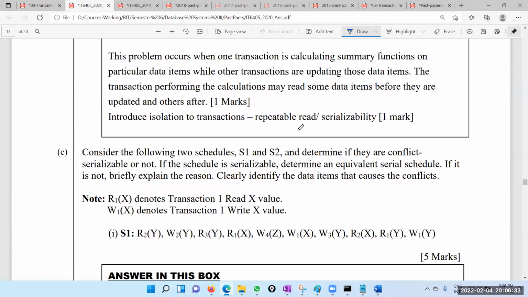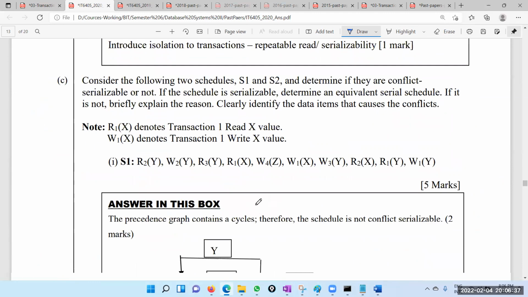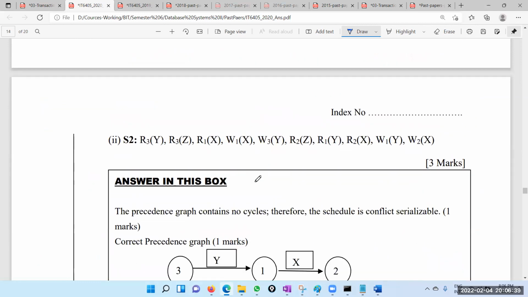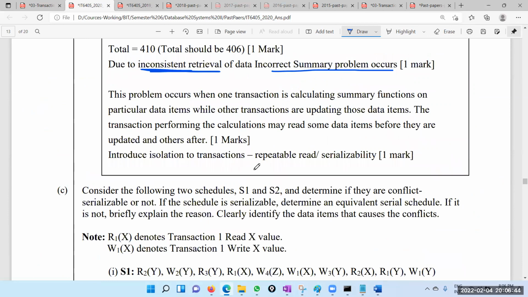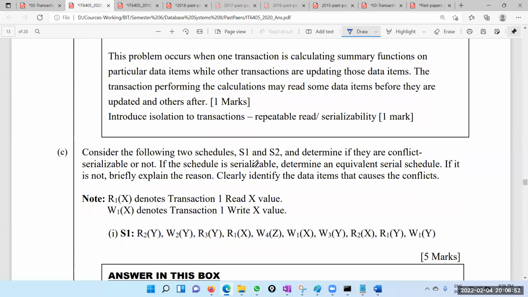Next one, consider the two schedules S1 and S2. Determine if they are conflict serializable or not. If the schedule is serializable, determine the equivalent serial schedule. If it is not, briefly explain the reason, clearly identifying the data items that cause the conflict. Did we do this? I think no, right?